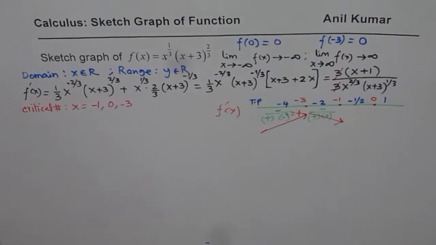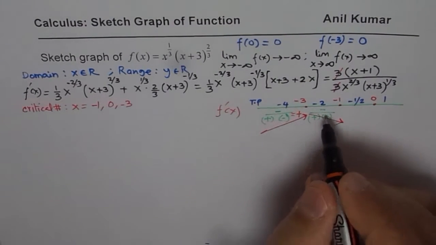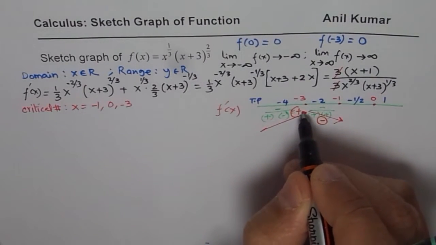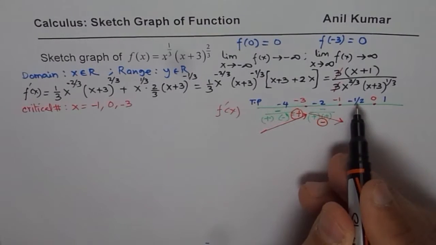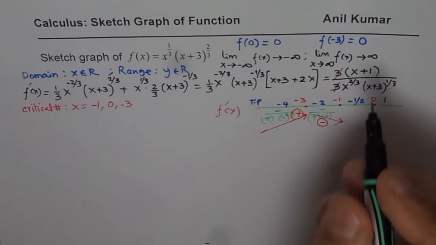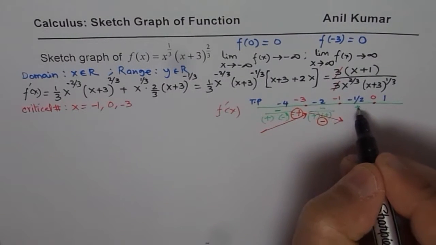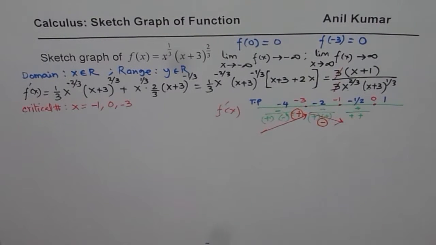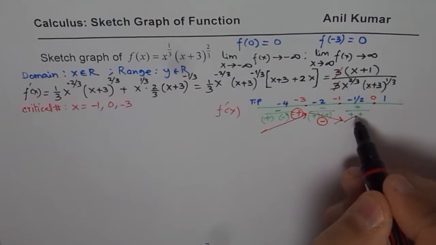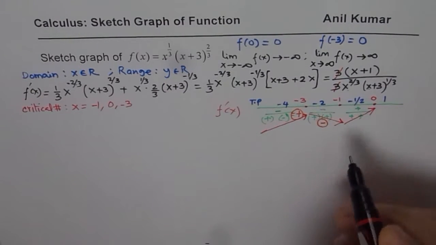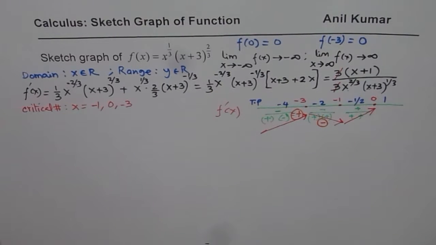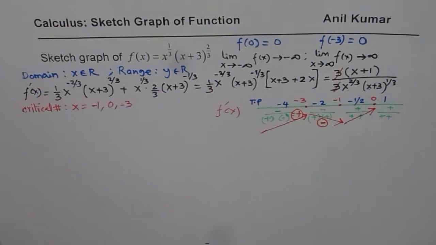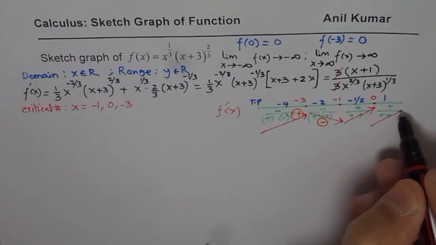If I substitute minus half, then the numerator is positive and these two terms are also positive. All will result in a positive, increasing interval, and when I substitute 1, even then all will be positive, correct? So that is again an increasing interval.